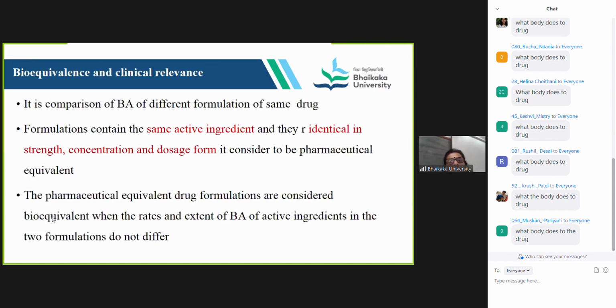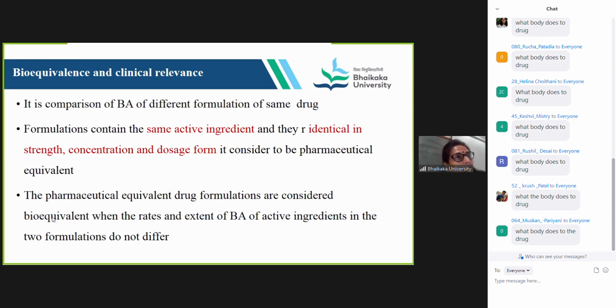Bioequivalence, and what is its relevance to bioavailability? Bioequivalence is a comparison of the bioavailability of different formulations, but the drug is the same. Let me give you one example: there is a drug, but the brand of the formulations may be different.